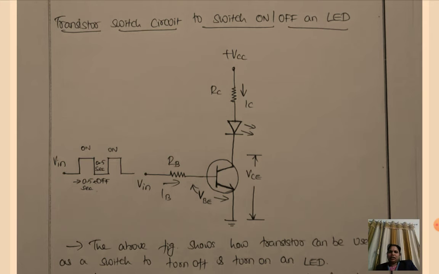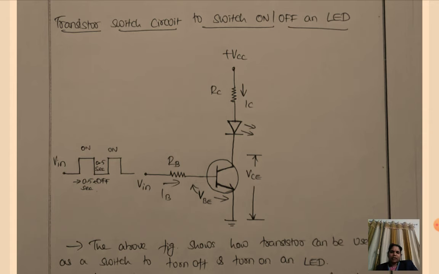And when the input voltage is high, that is when the square wave is on, this voltage should be enough to make the transistor operate in the forward bias condition. When it is high, I can expect some flow of charge carriers across the base, which constitutes the base current.